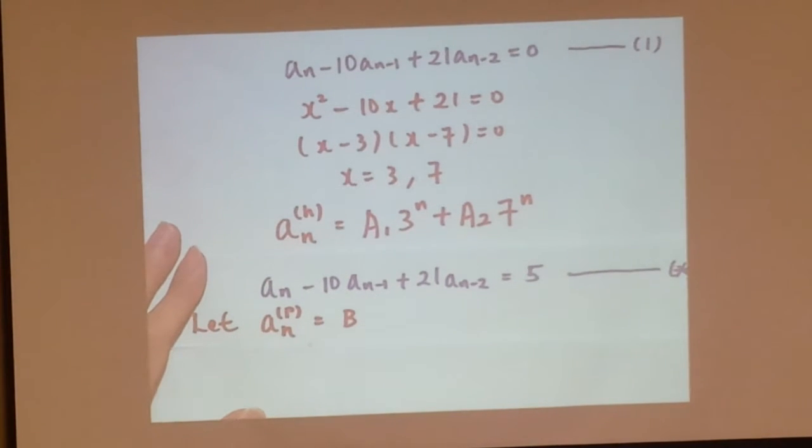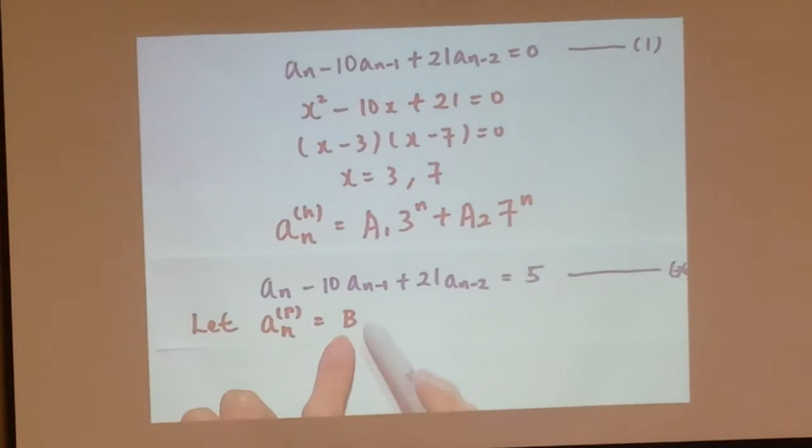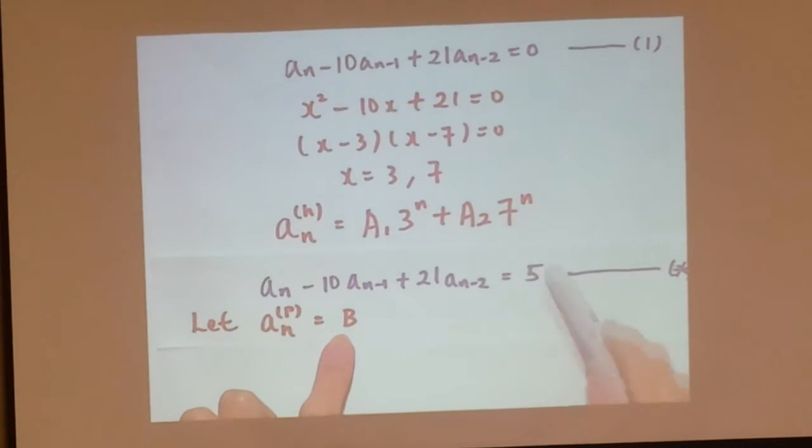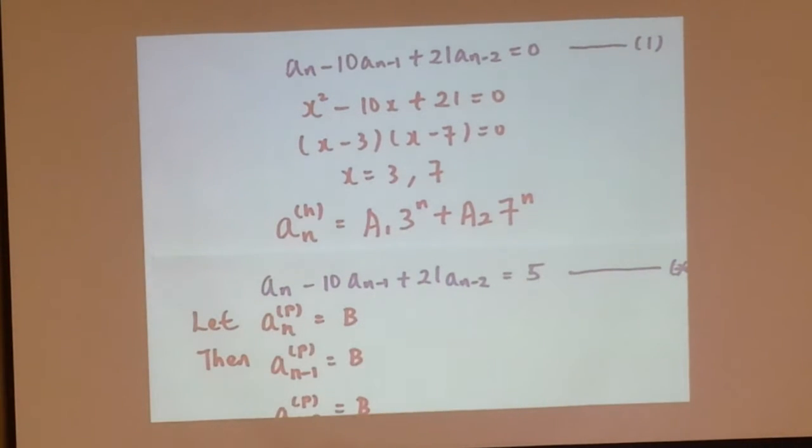It's a 5, so it's a constant. You can use any alphabet other than a1, a2. Because f_n is a constant, you get a_n^t to be a constant.